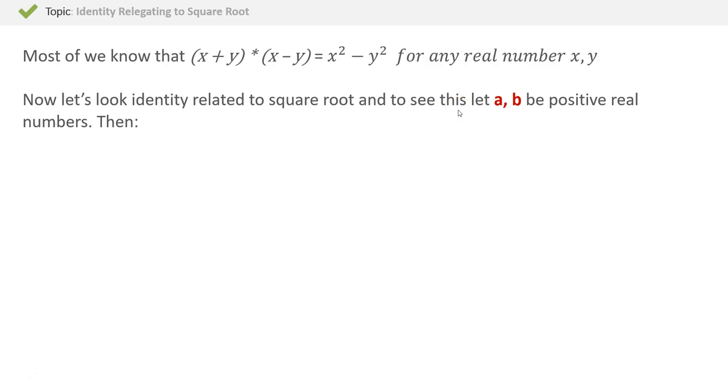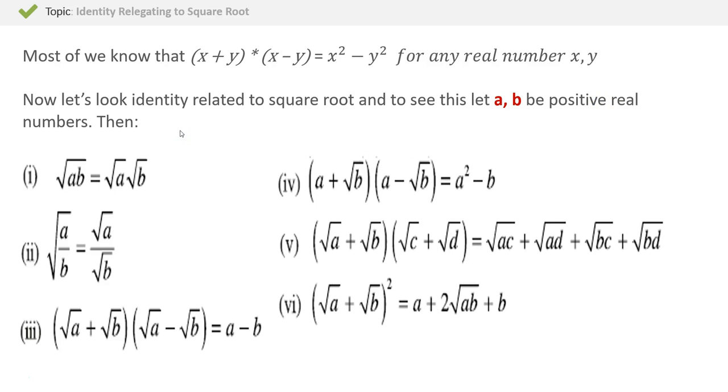To see this, let's assume a and b are positive real numbers. Then what happens? First, if you have the square root of a multiplied by b, you can represent it as the square root of a multiplied by the square root of b. If you have the square root of a by b, you can represent it as the square root of a divided by the square root of b.